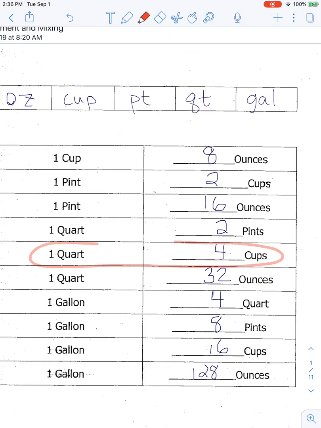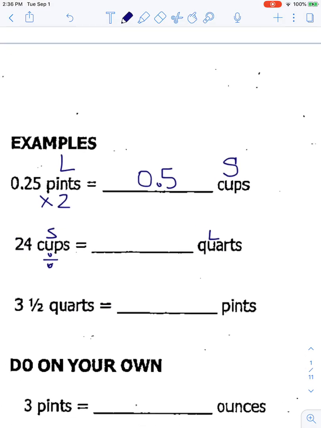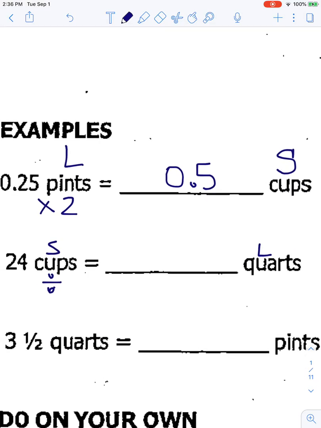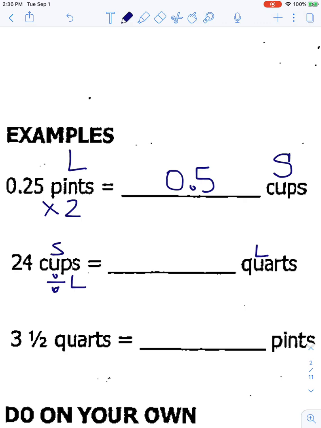Cups and quarts, right there. So we're going to divide by 4. 24 divided by 4 is 6. So 24 cups would be equal to 6 quarts. Right? Let's try another one.